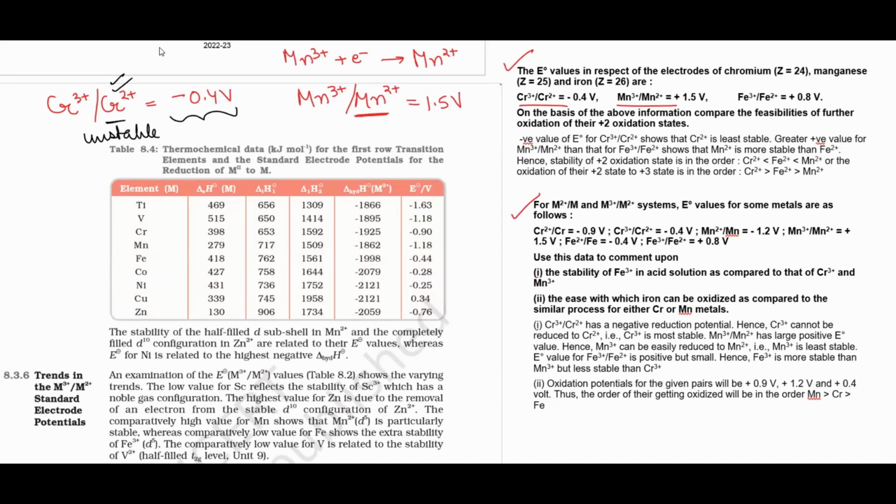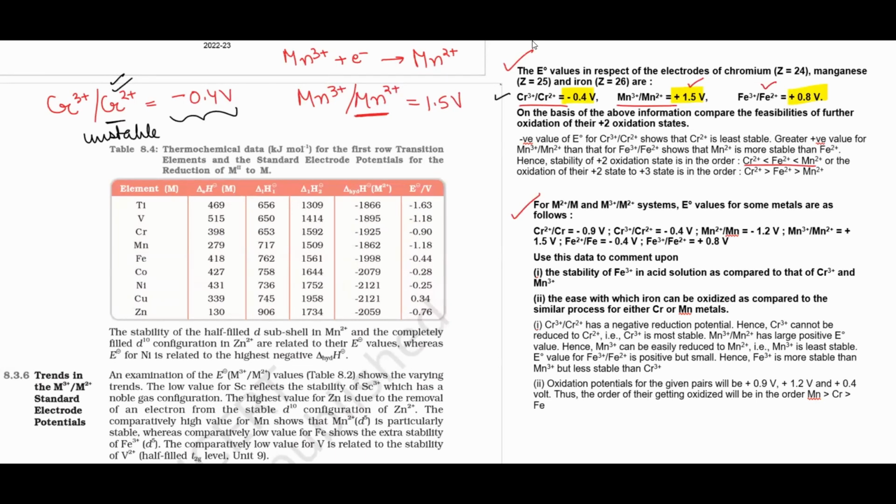So you're going to compare these three reduction potentials given here. The highest value of reduction potential shows that the lower oxidation state, that is Mn2+, is most stable. Hence, comparing the potentials, we get this order: Mn2+ is most stable, followed by Fe2+, followed by Cr2+.